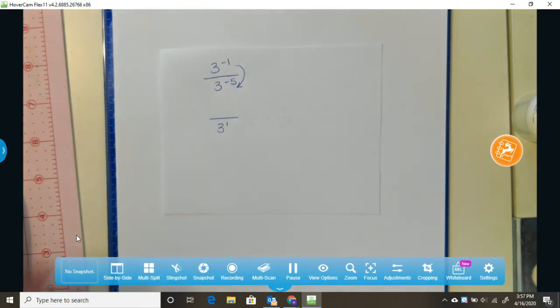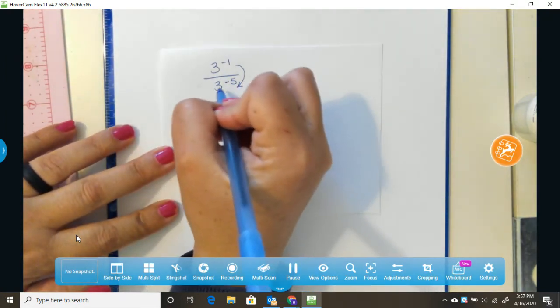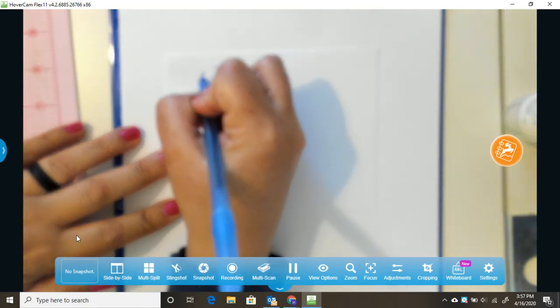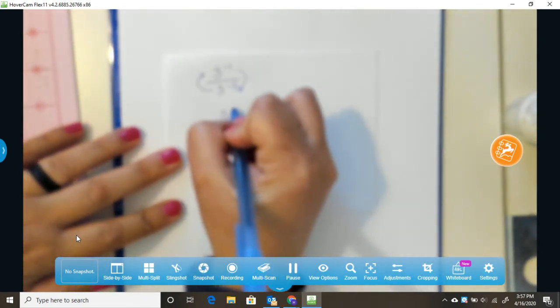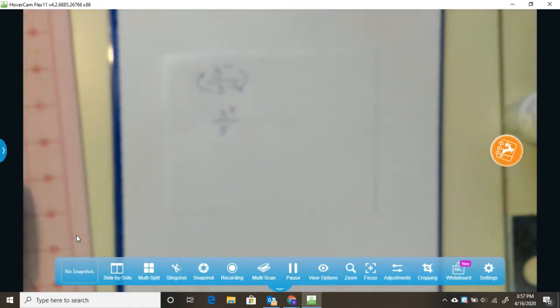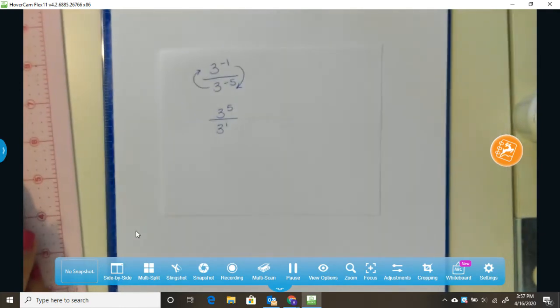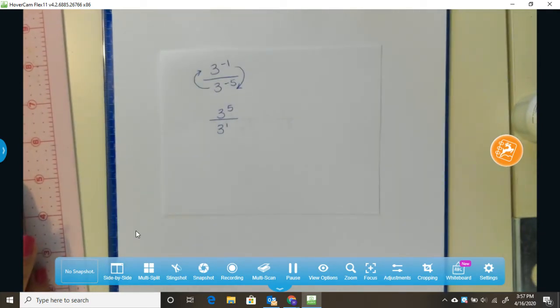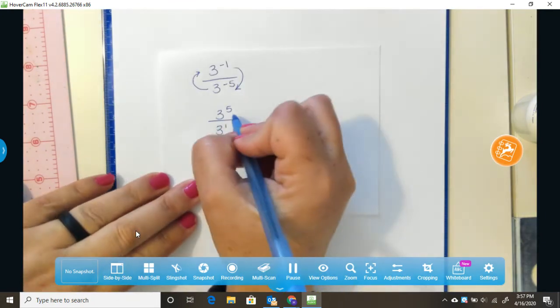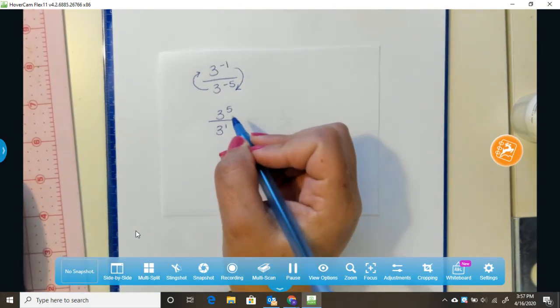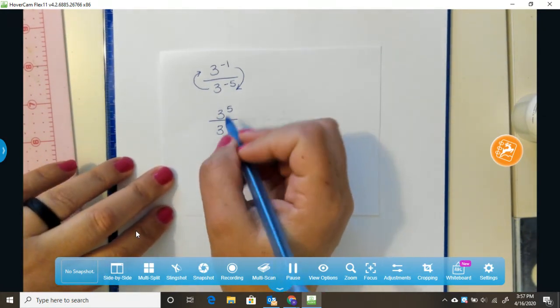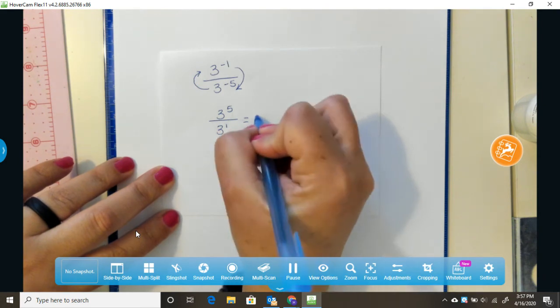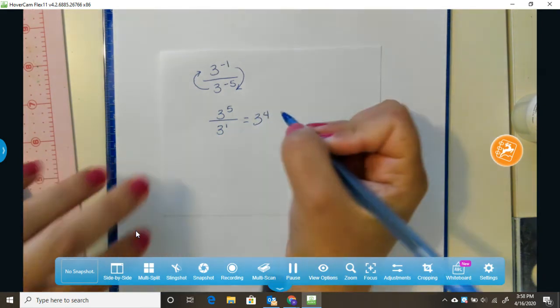Now the reciprocal of this would be to send it on top. Okay? There we go. Now, remember when I'm dividing fractions and they have the same base, I can subtract because this is telling me right here that I have 5 of them divided by 3 of them, which gives me a total of 3 to the 4th.